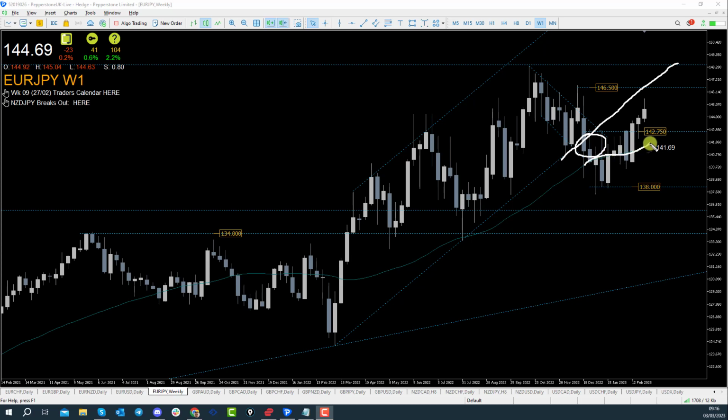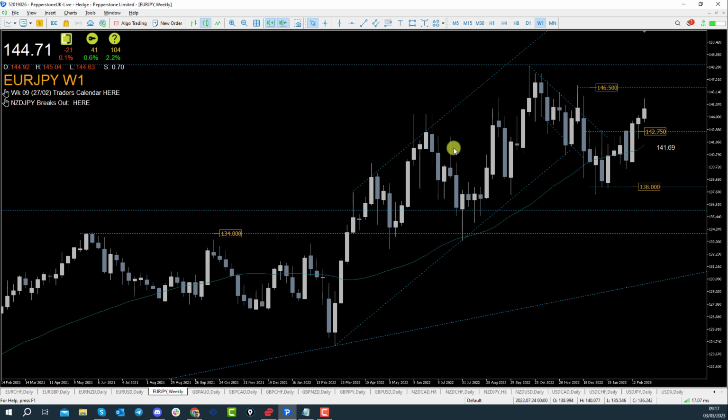However, price still remains above the 200 moving average. We bounced at the 138 support, and we've traded higher. We've even broken through some resistance at 142.75. So from a technical point of view, we're looking at the potential of the weekly uptrend continuing, and we would say this market is bullish.